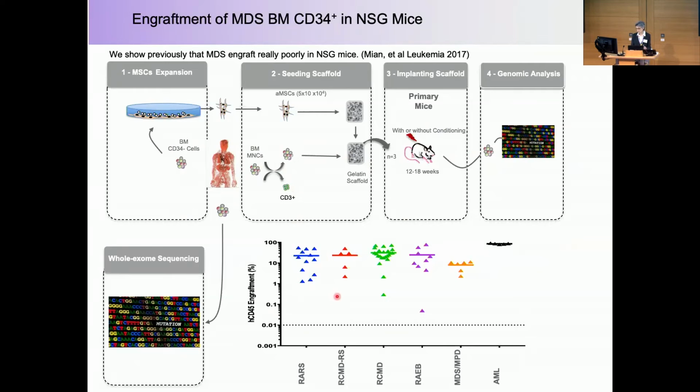You look at a broad range of MDS patients with different clinical follow-up, and you can see that in most of the cases, he was able to see good engraftment. What was interesting is that when you look at the bone marrow of these mice, which were engrafted in the scaffold, there was absolutely no engraftment.